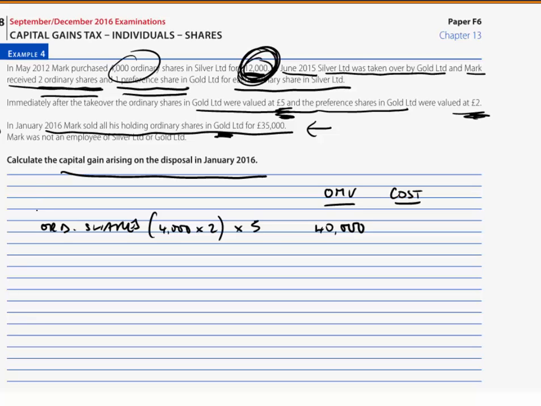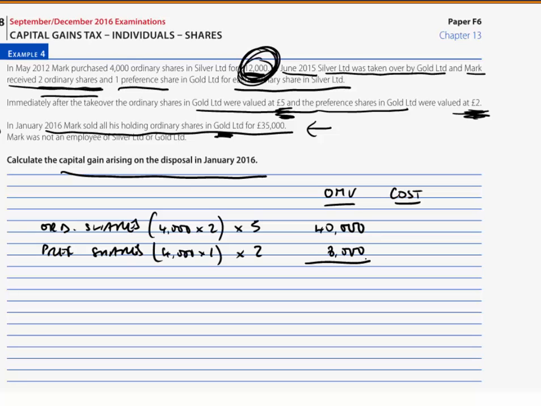We also received some preference shares. Now, what was the basis on the preference share receipt? Again, for the 4,000 ordinary shares in Silver, we received one preference share each. 4,000 times 1. And what were they valued at the time of takeover? £2 per share. 4,000 times 2, £8,000.